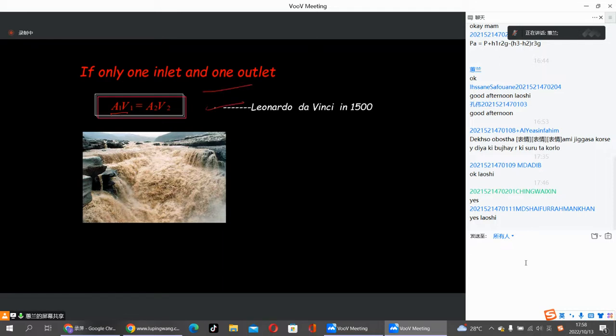This is section 1, this is section 2. This is the volume flow rate across section 1, and this one is the volume flow rate across section 2. Here, we assume velocity is uniformly distributed over this control surface, and also the velocity is perpendicular to it.